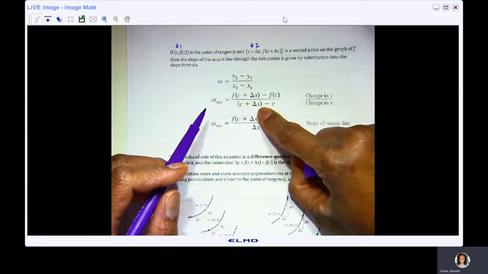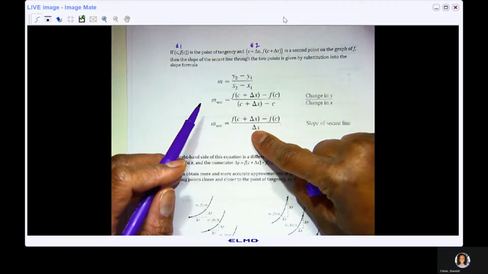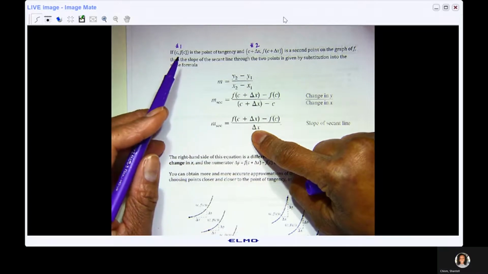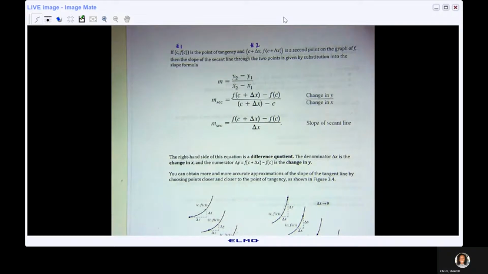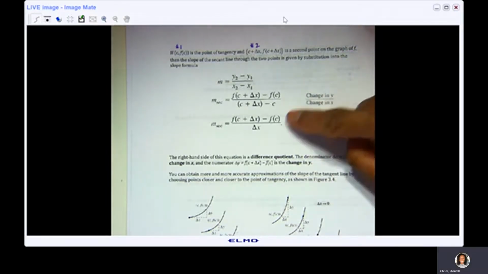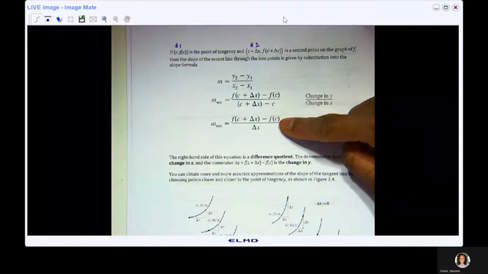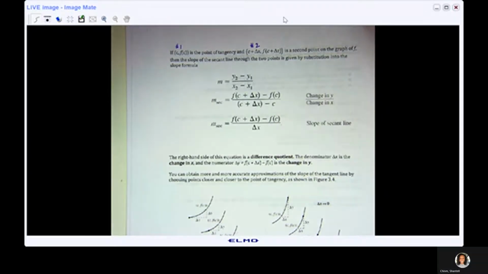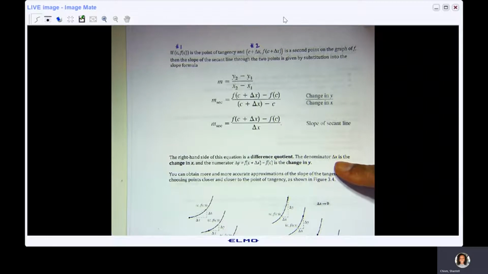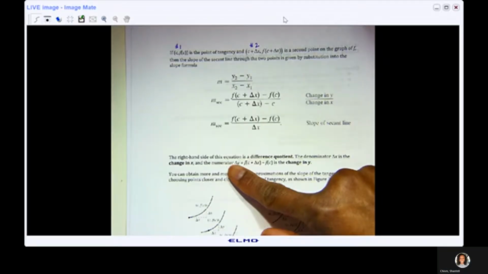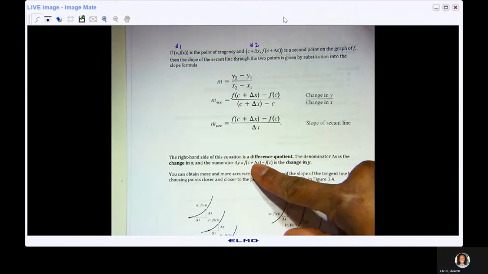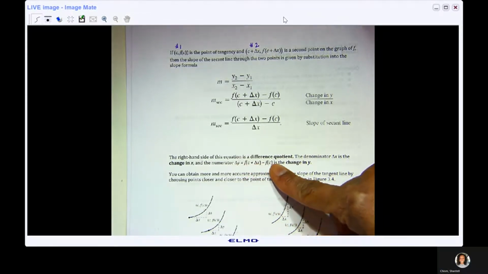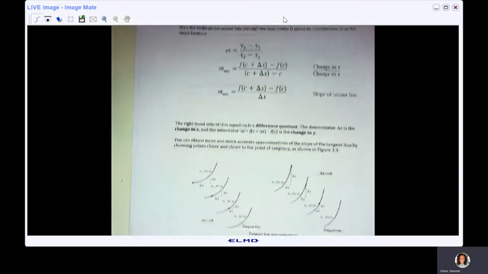But when we simplify that bottom, okay? So the right-hand side of this equation has the denominator delta x, whereas the numerator is y, which is the function minus the function.